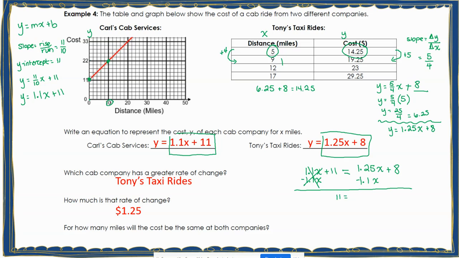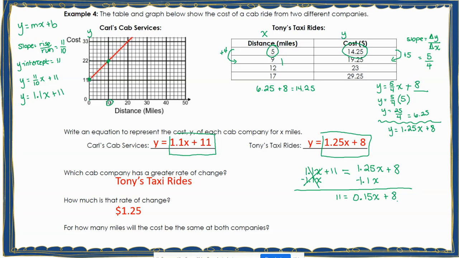On this side, I have 1.25x minus 1.1x, which gives me 0.15x. I also have plus 8 over here that I haven't done anything with, so I need to bring it down. Now we have just a regular two-step equation, and now we need to get x by itself.